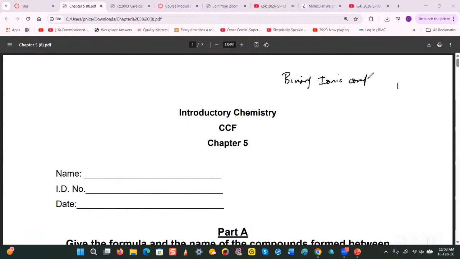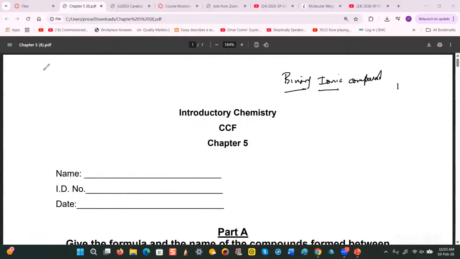As the name suggests, binary means they're made up of two elements. And because these are ionic compounds, one element must be metallic and the other must be non-metallic. That's true for all binary ionic compounds. Now, when it comes to naming them, let me see if I can briefly summarize the rules here.